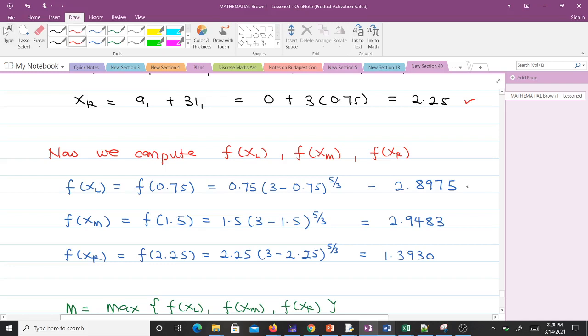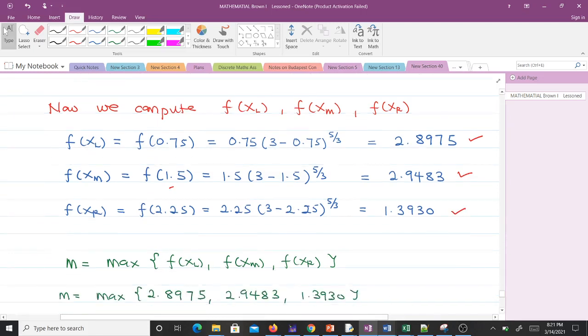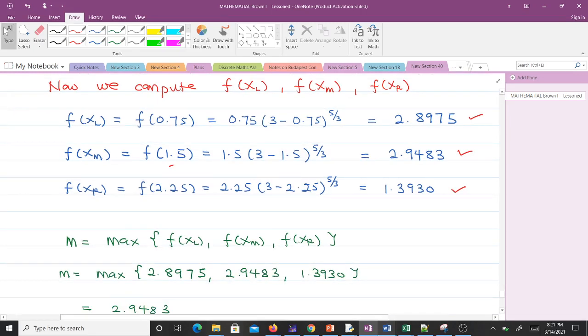Computing this gives us 2.8975. f of xm is f of 1.5, and computing that gives us 2.9483. f of xr is the same as f of 2.25, and that gives us 1.3930. So after computing this, our m is equal to the maximum of f of xl, because the question says we should maximize.